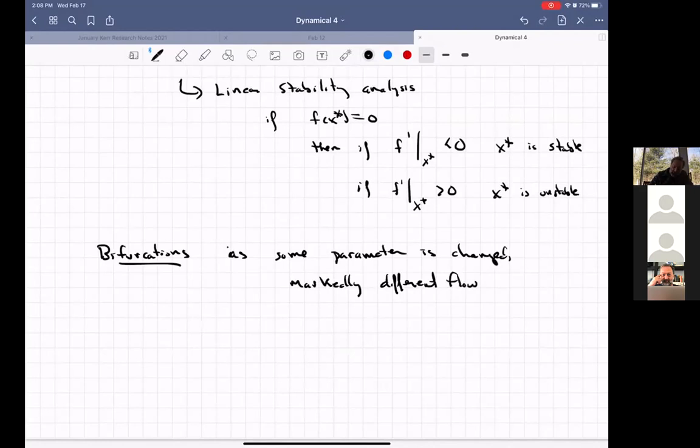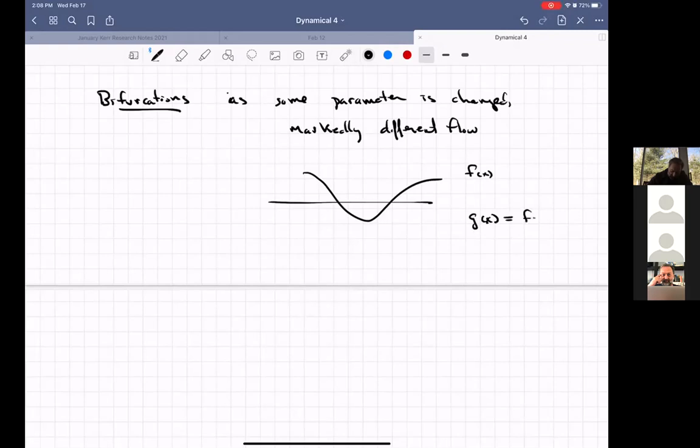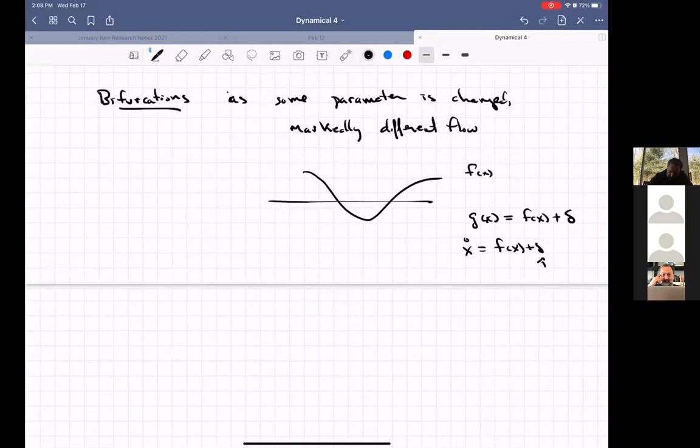And so in the case that I sketched, this first case, this is some f of x. If I took this f of x, I made a new one. I suppose I made g of x, which was f of x plus some delta, right? And then I say that x dot is f of x plus this delta. As I vary this number, it's possible to use that delta to lift the function up.